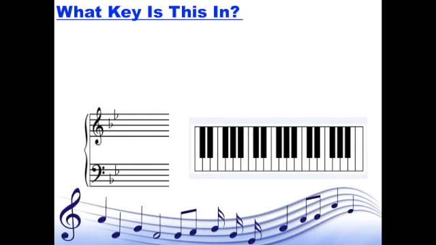Let's check out the flats. The rules are a little bit different here with the flats, remember. To remember the key signature when you have flats, you have to back up one. I always like to think of the fact that the flat looks like a B, and so I can think back up one, right?